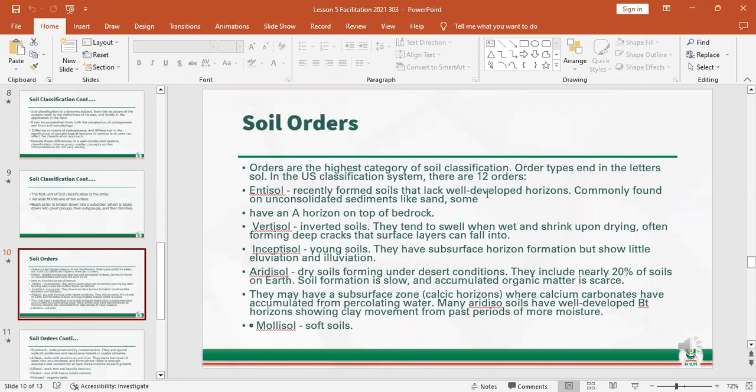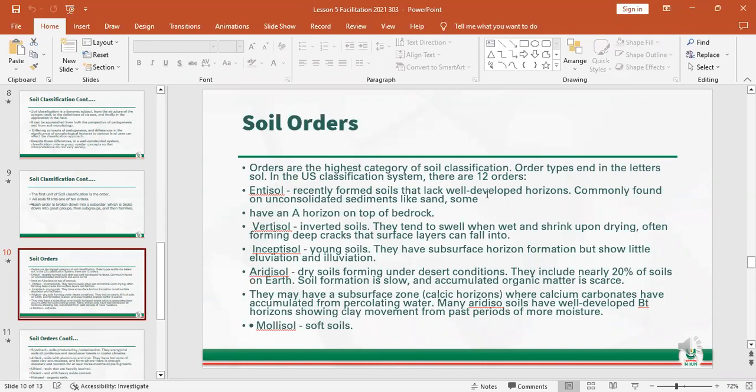Now, Aridisols are dry soils forming under desert conditions. They include nearly 20% of soils of the earth, and soil formation is very slow. There is also little accumulated organic matter. These soils are very scarce.